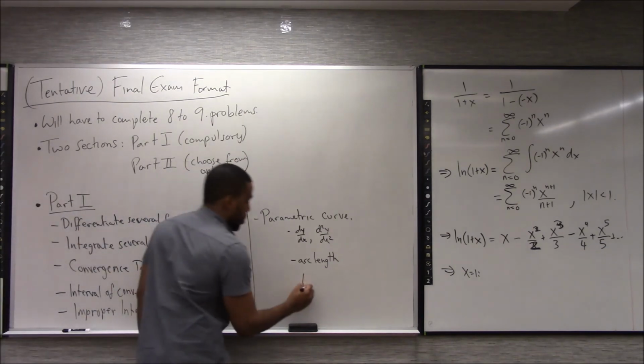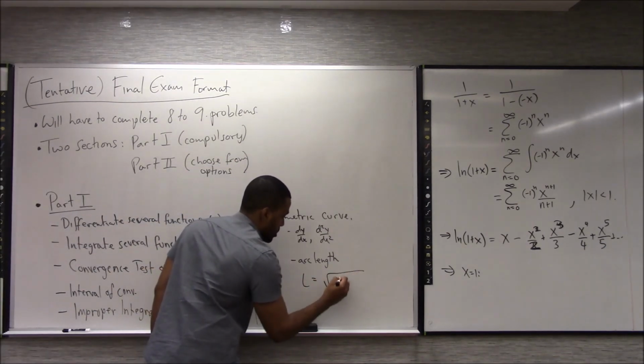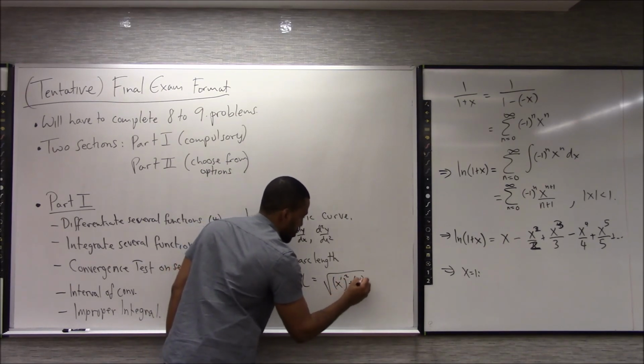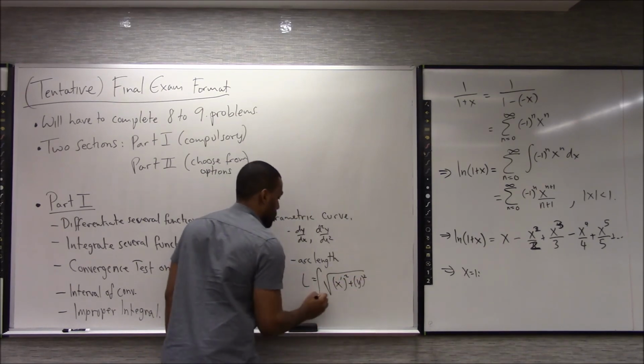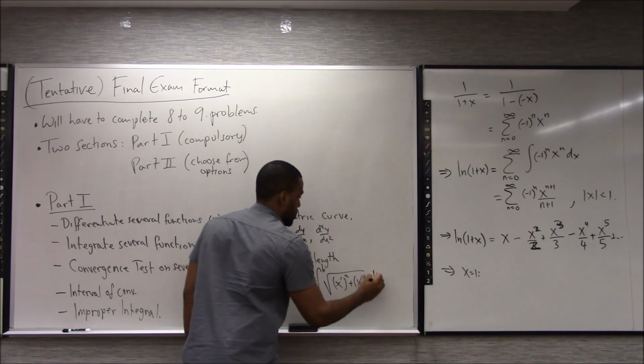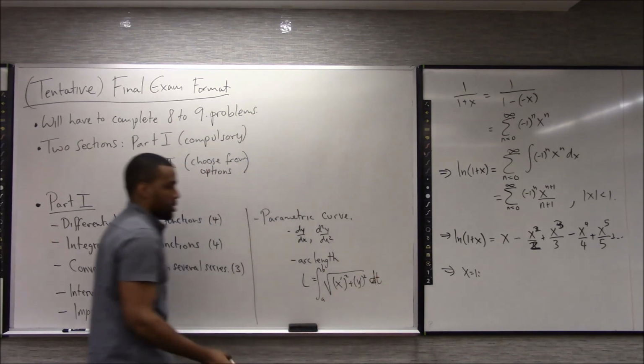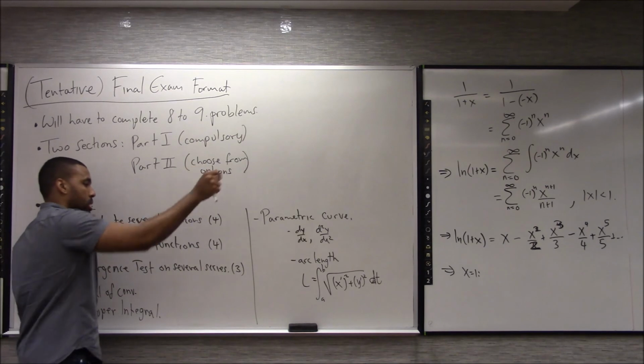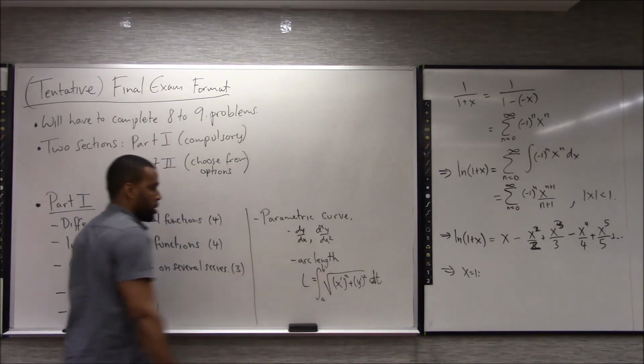So that's the one where it's just x prime squared plus y prime squared. So there's an arc length formula for if your function looks like y equals f of x, it's the square root of 1 plus f prime squared. If your x is equal to x of t, y is equal to y of t, that's the formula.